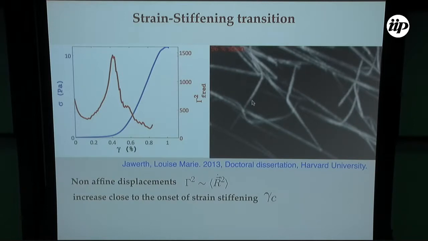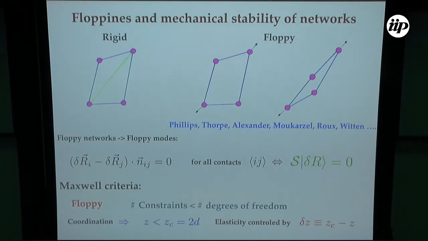So what is the origin of this transition? To understand this, let's come back to a very simple idea coming from the stability of rigid networks. This is a very old field. Let's think that you just have some rigid rods that are connected, like in this case.